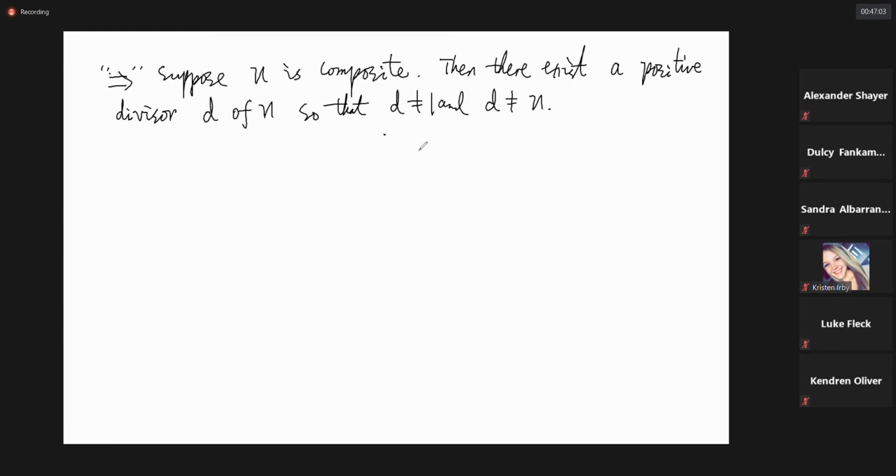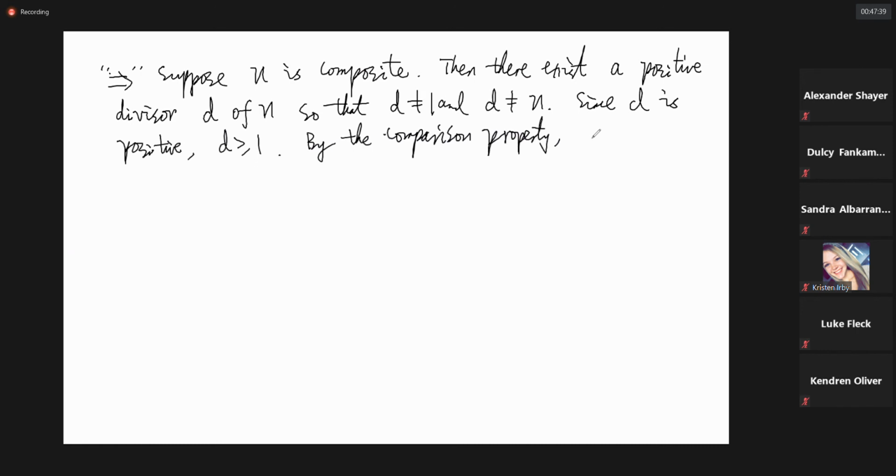All right, so since d is a positive divisor, since d is positive, we have d is greater than or equal to 1. And by the comparison property, since both d and n are positive, we know that d is less than or equal to n.